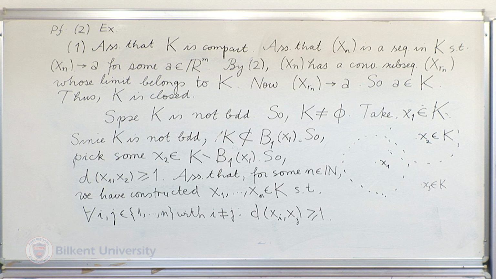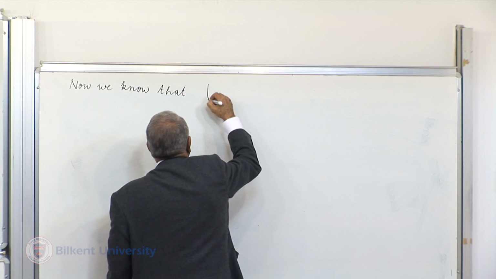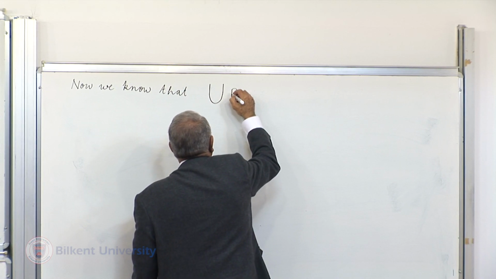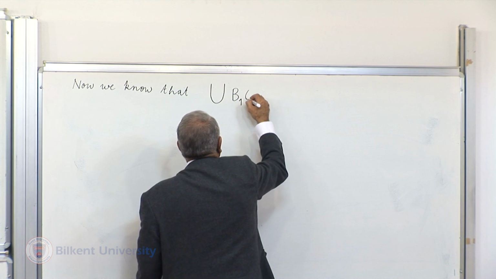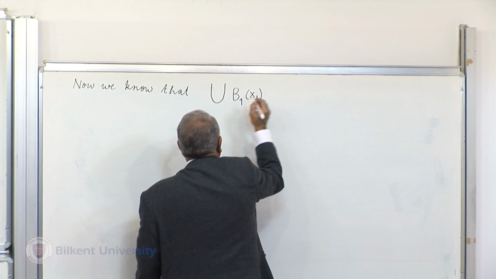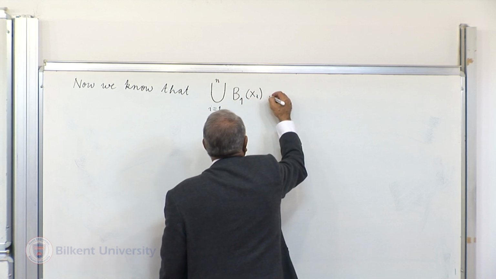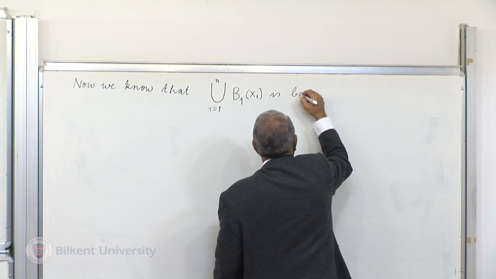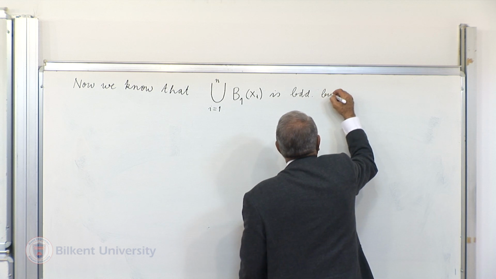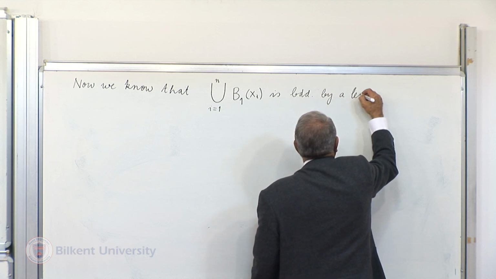But for that, now, we know that the union of the one balls of xi's, i from 1 to n, is bounded by a previous lemma.